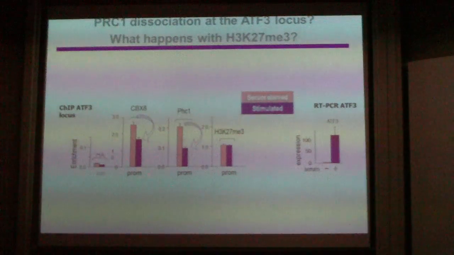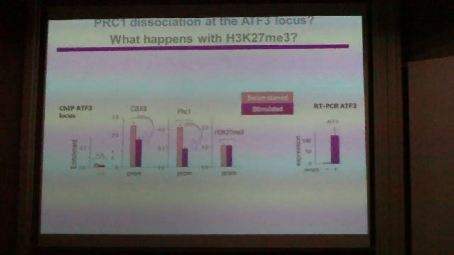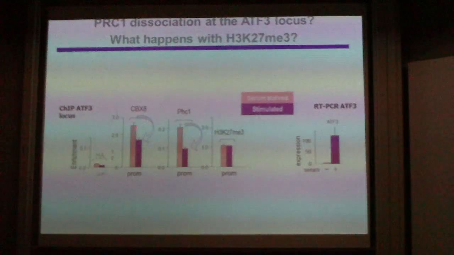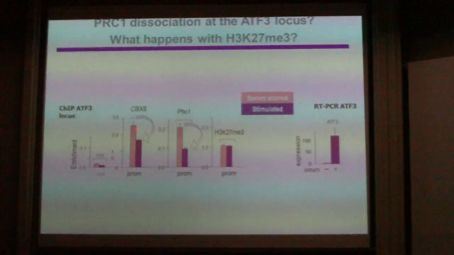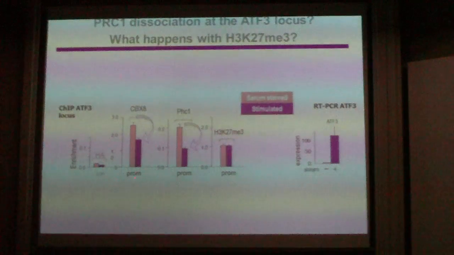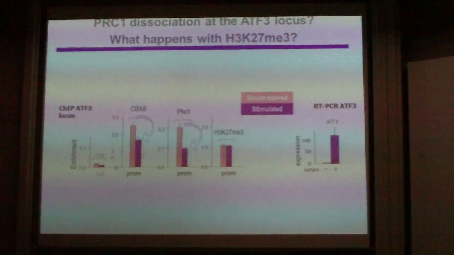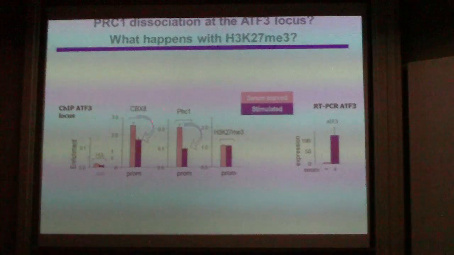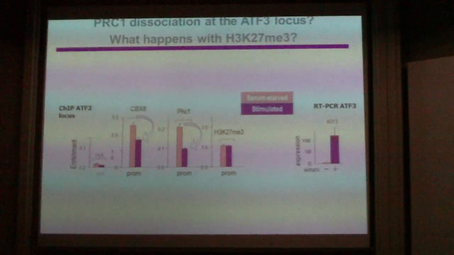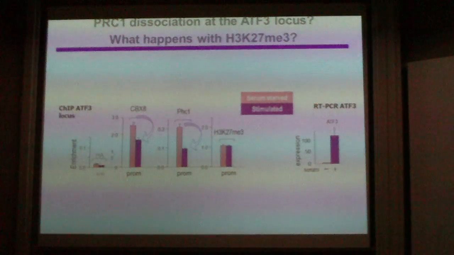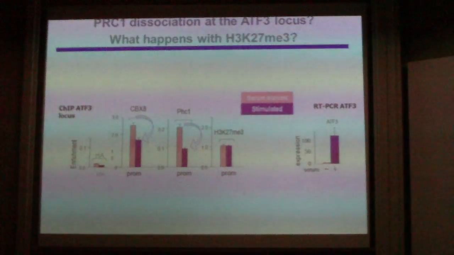So first of all, looking at CBX8 and PCGF1, we see that indeed they are present on the ATF3 locus in serum starved cells. This is the control, the background. And we see that upon serum stimulation you lose both CBX8 and PCGF1 from this region, which corresponds to what we've seen with both the differential extraction and with the immunocytochemistry results.